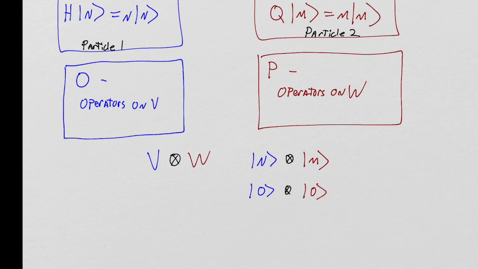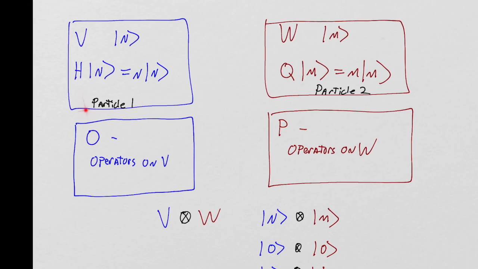And this is a basis vector, one of the basis vectors of this tensor product vector space. And likewise, I might have the first excited state of particle 1 and the ground state of particle 2.